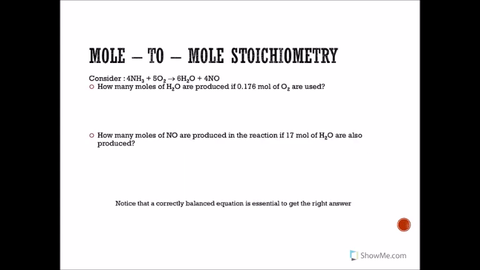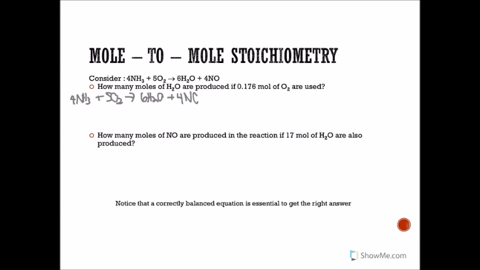So we have a balanced chemical equation. Sometimes I find it best to write them out again. So if I write out my balanced chemical equation again, we have 4 ammonias plus 5 O2 yields 6 H2O plus 4 nitrogen monoxide.